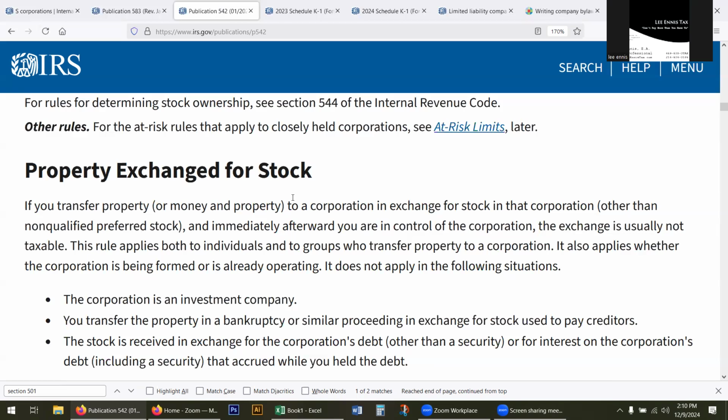Some person, some entity has to transfer the asset to the new company. And when that is done, the company is going to issue stock to that person, to that entity in exchange for the asset. Okay. So let's say you have a new company and you put in $100.